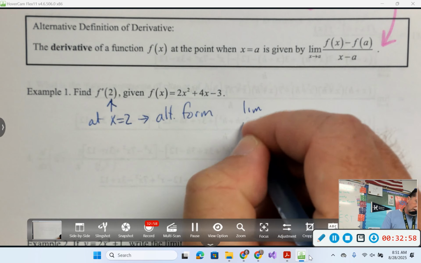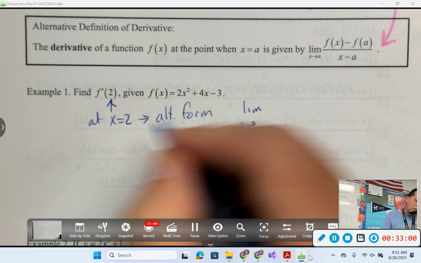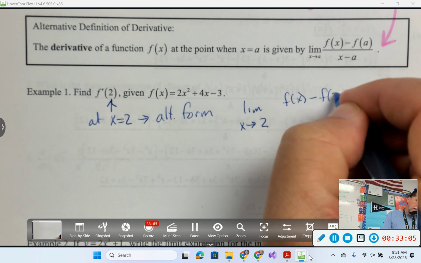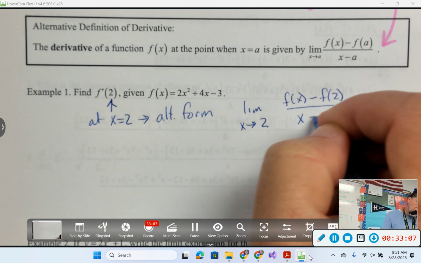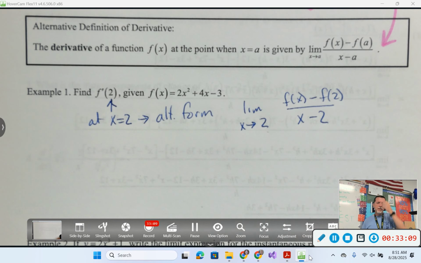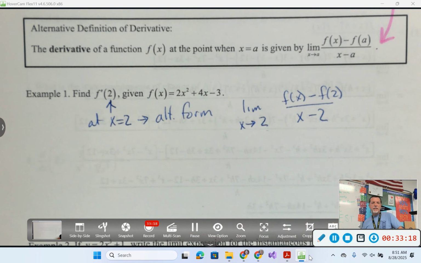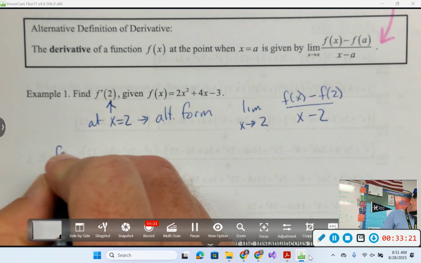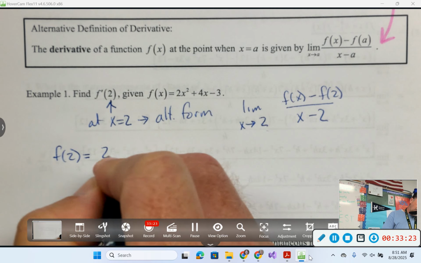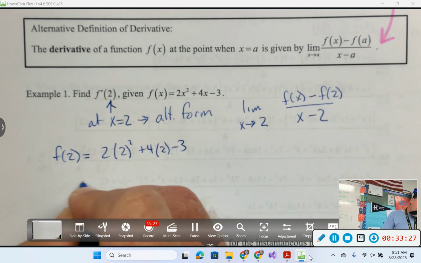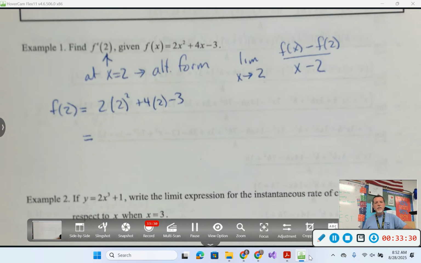So let's see. Limit as x approaches 2, f of x minus f of 2 over x minus 2. So I have no f of x. I need to find f of 2 and then plug things in. F of 2, let's see.